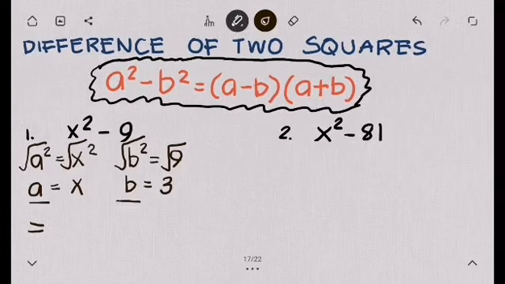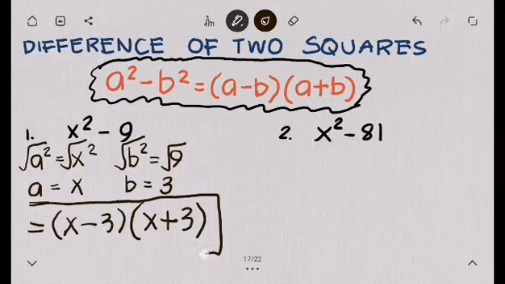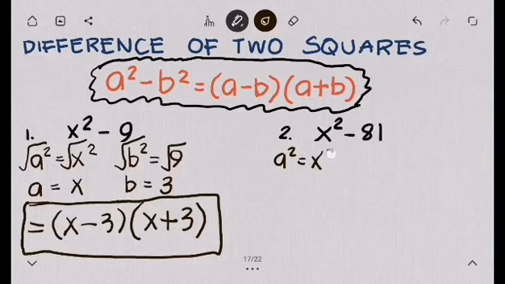So, sabi, ang factor form niya is a minus b, ang a natin is x, minus b which is 3, times the quantity of a, which is again x, plus value ng b, which is 3. Okay. So, ito na ngayon yung factored form nung x squared minus 9. Okay. So, proceed tayo sa pangalawa. We now have a square equals to x square.